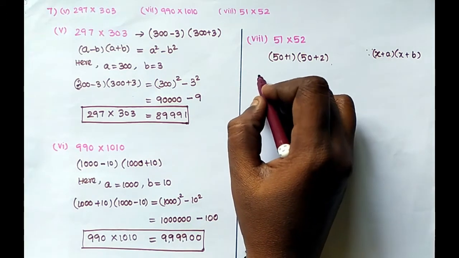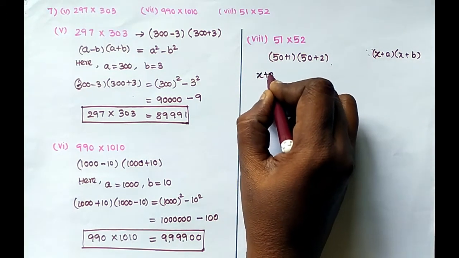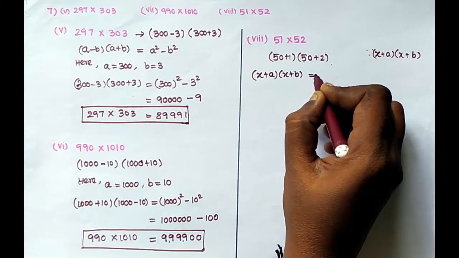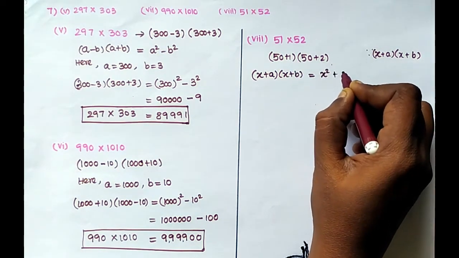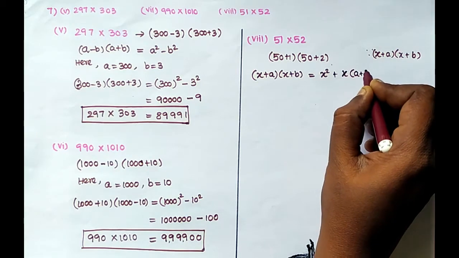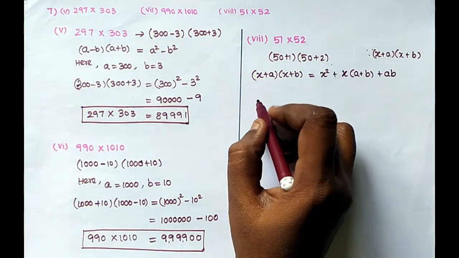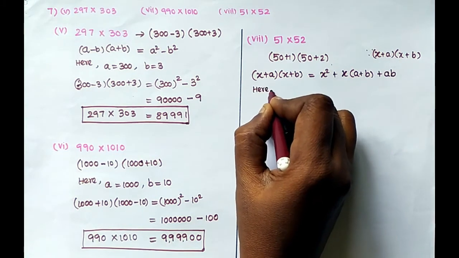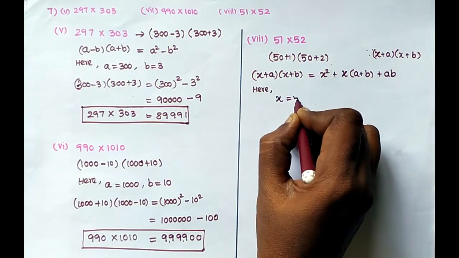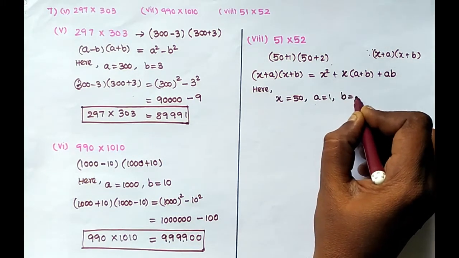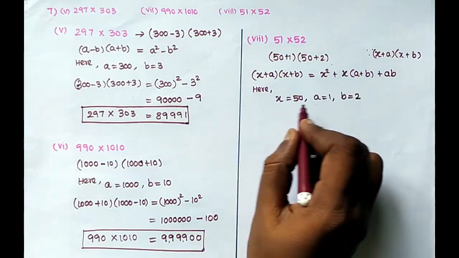As a formula, x plus a into x plus b is equal to x squared plus x into a plus b plus ab. Here x equal to 50 and a equal to 1, b equal to 2. Now apply this formula.